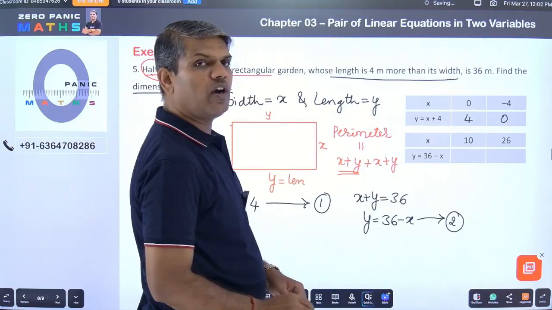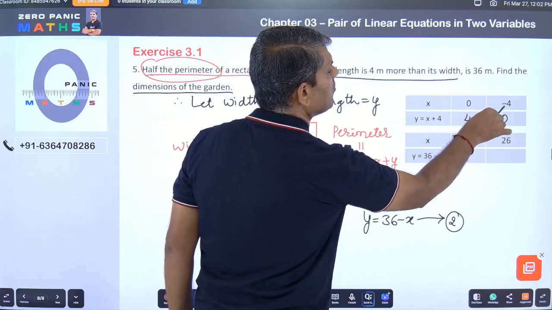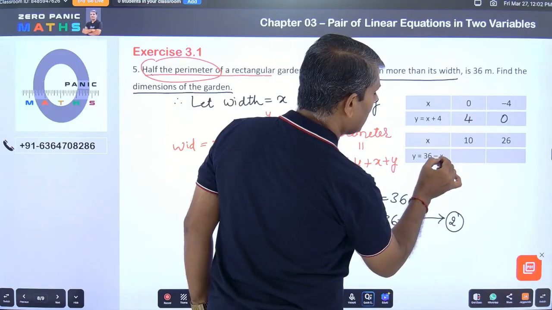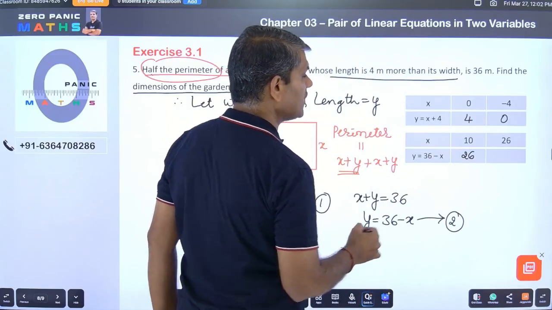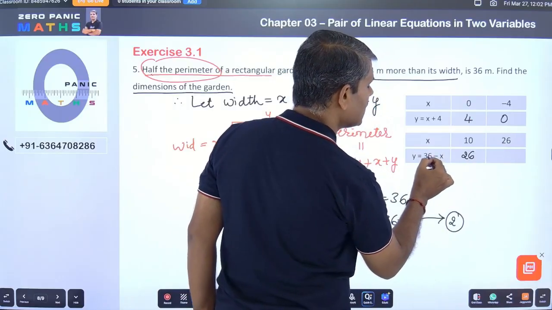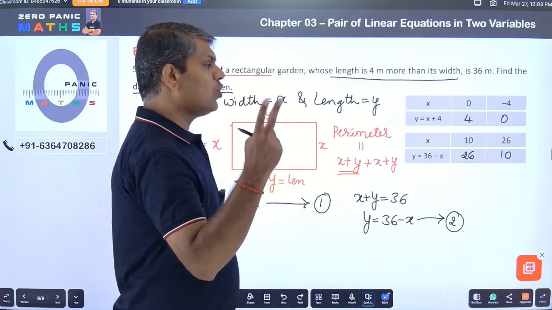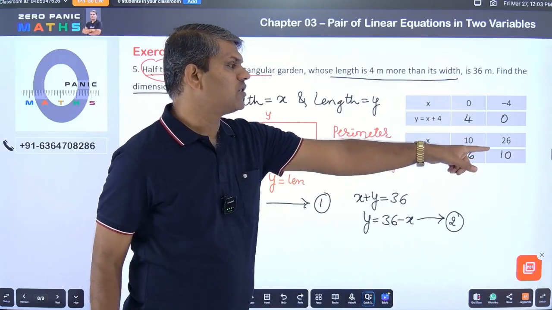So the coordinates of the first line are 0, 4 and minus 4, 0. In the second equation, if I put 10 in place of x, it will give me 26, that is 36 minus 10. If I put 26, that is 36 minus 26, it will give me 10. So the two coordinates of the second equation are 10, 26 and 26, 10.